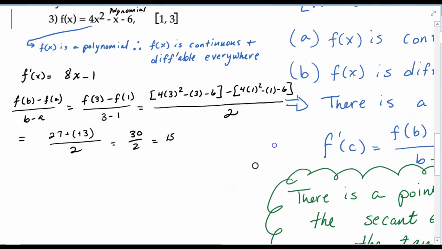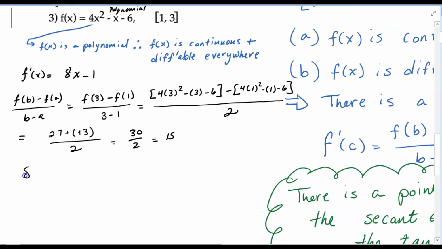What we're going to do then is say, okay, well, now we have the derivative, f prime of x, and set it equal to 15, and then we solve for x. So we're going to add 1, 8x equals 16. Divide both sides by 8, x equals 2. So we're going to say then that our value c, that's guaranteed by the theorem, is 2.